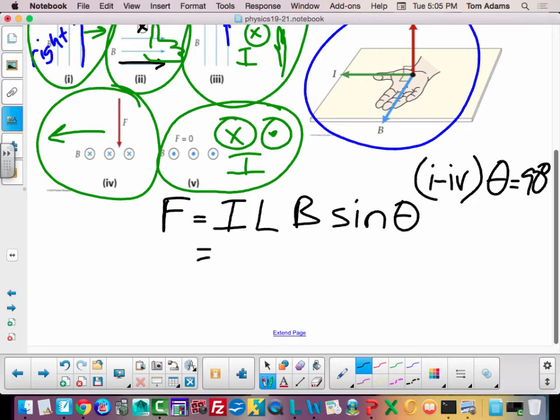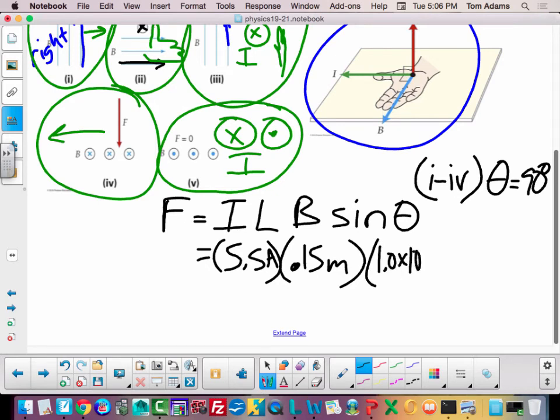The current we said was 5.5 amps. The length was given to us in centimeters, so we convert that to meters, and that would be 0.15. Millitesla needs converting, so that's 1.0 times 10 to the negative 3 Tesla.